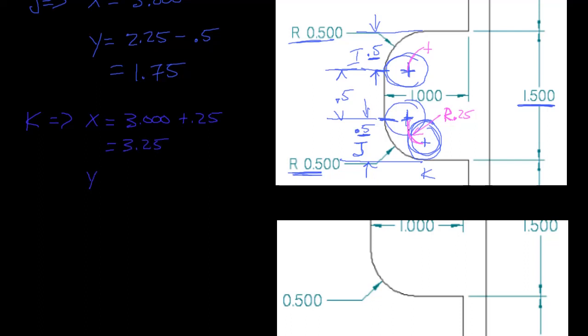Then we have a y position that's moved down. So we were at 1.75 inches, and now we're at minus 0.25, which is 1.5 inches.